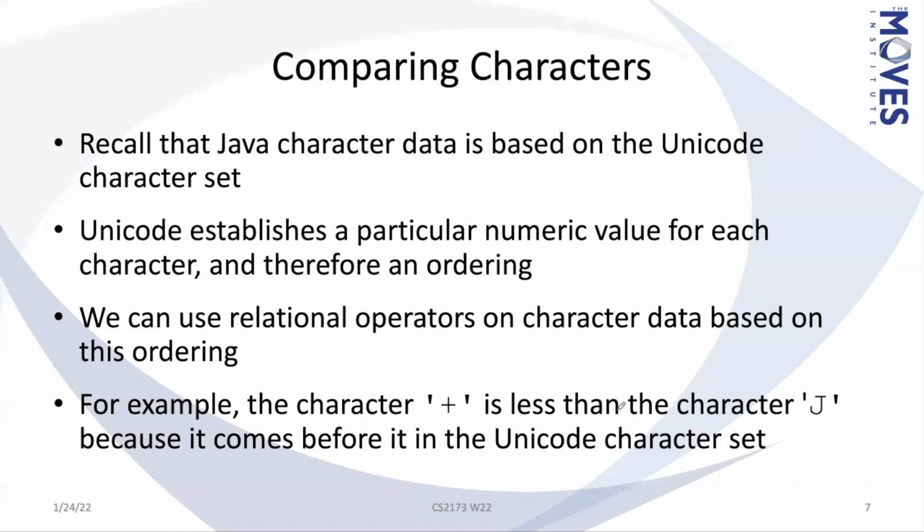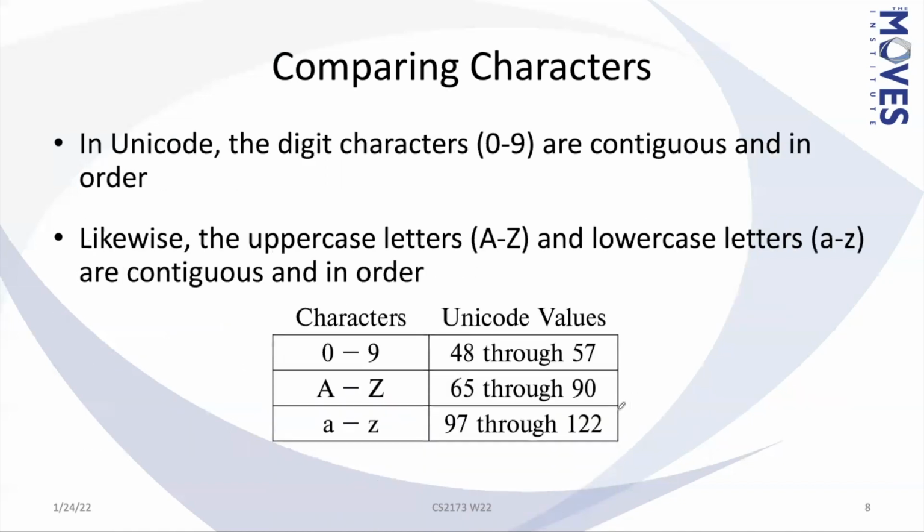Now, for most higher level programming, we don't need to necessarily be quite at that level. Every now and then we have to delve deeply into that if we're manipulating strings a lot. But the reason why this is important is to understand how lexicographic ordering works, and that's the default ordering of strings in Java. In particular, most of what we're going to be dealing with have to do with numbers and letters.